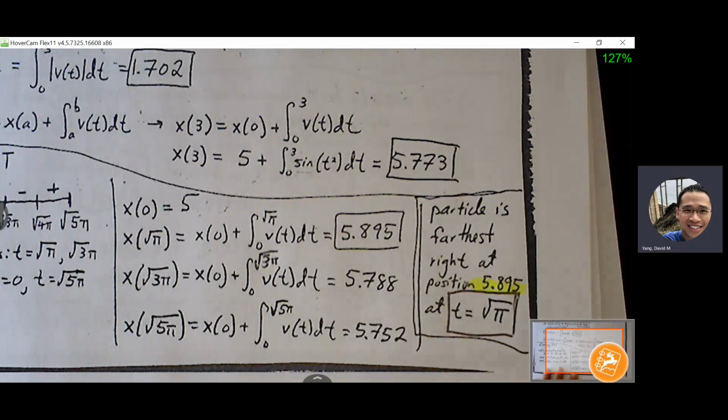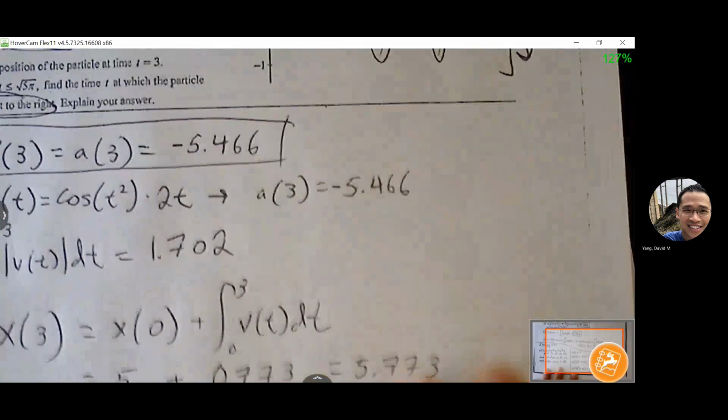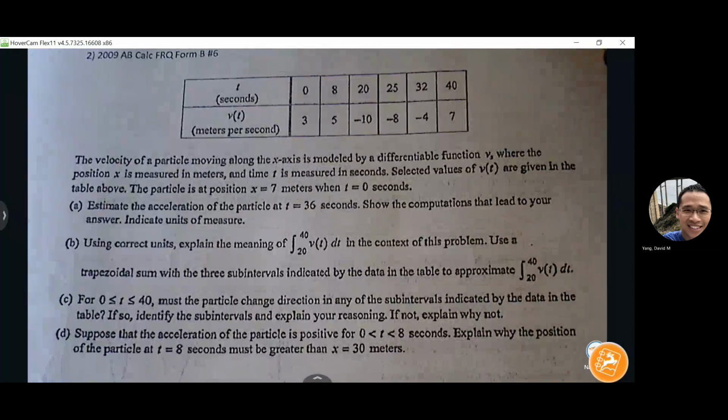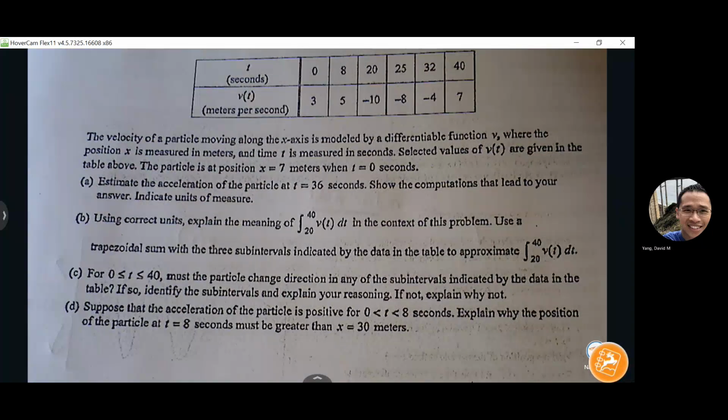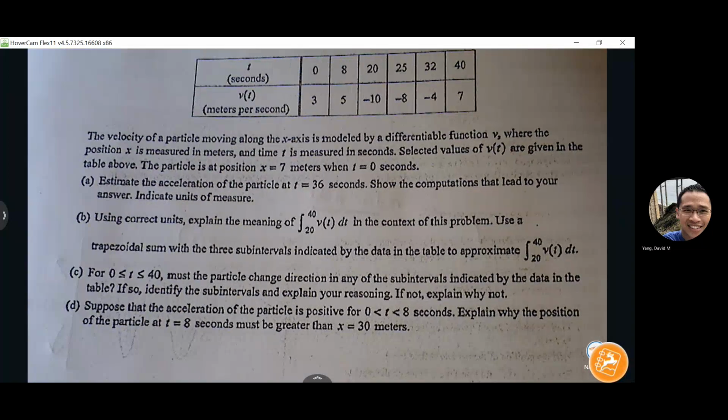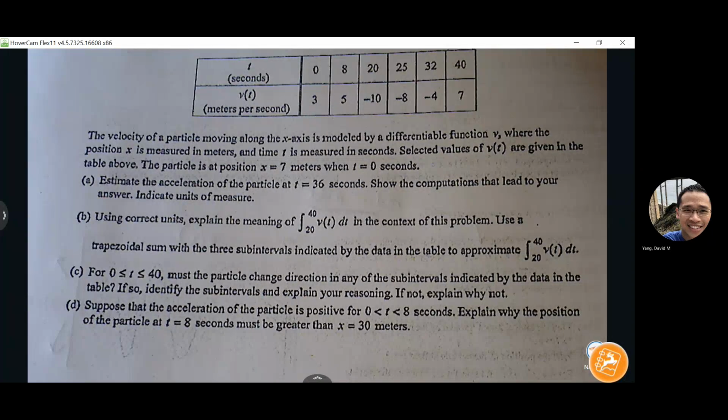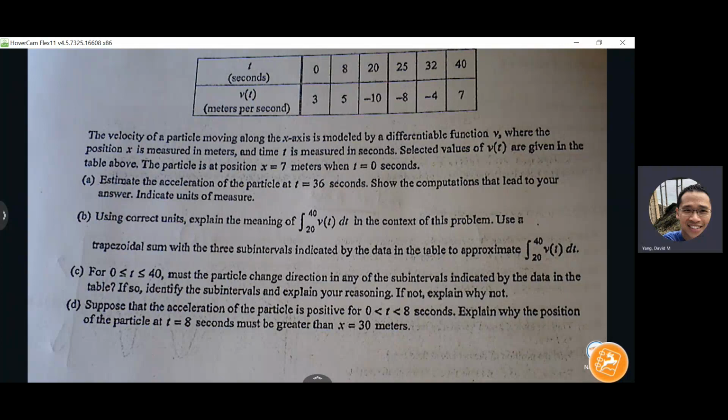Okay, next page. Okay, velocity of the particle moving along the x-axis is modeled by a differentiable function.